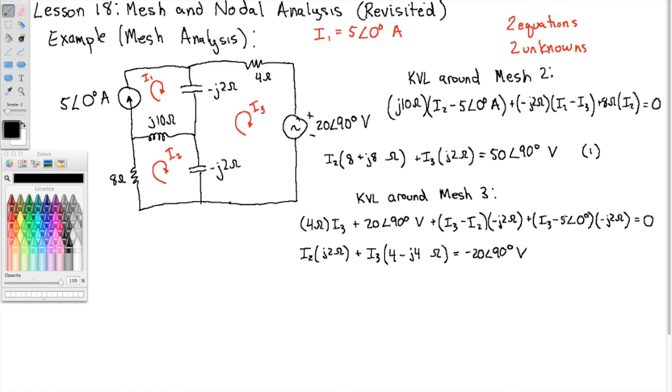So the minuses cancel, right? Make plus, but when I move it to the other side, that makes another minus again. So 2 ohms times 5 makes 10 angle, and I've got 90 degrees and negative and 0, so that makes 90 degrees volts.